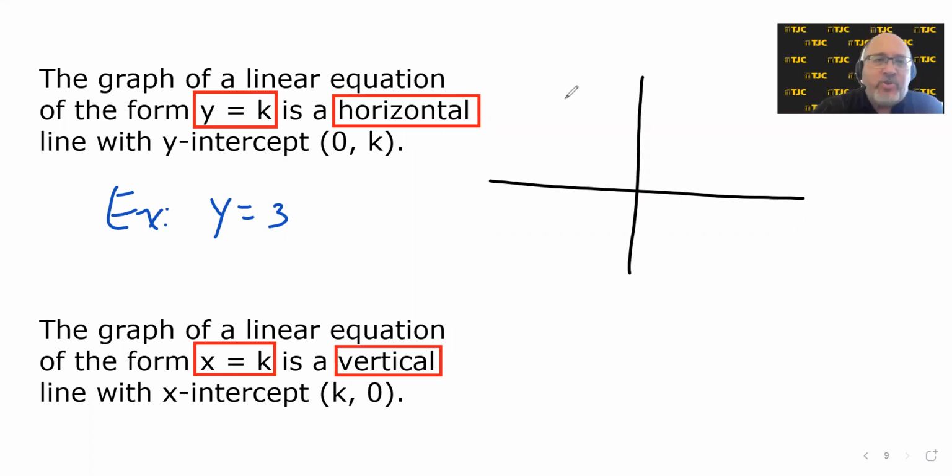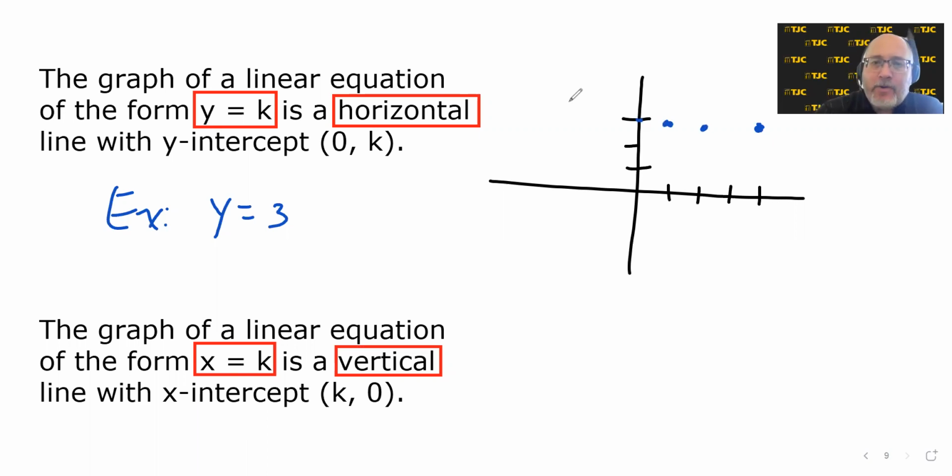So where are all the points on the graph where y is equal to 3? Well, we're allowed to go over as far as we want, but then we have to go up 3 because the equation says y equals 3. We can go to the right 4 and up 3. We can go to the right 1 and up 3. We can go to the right 2 and up 3.